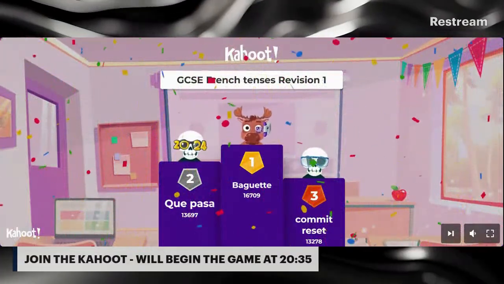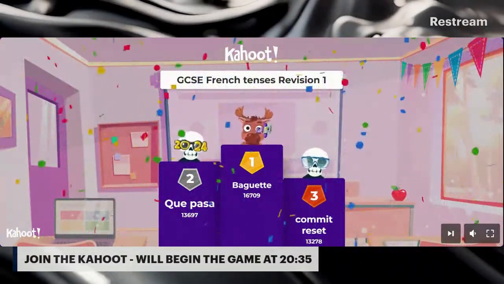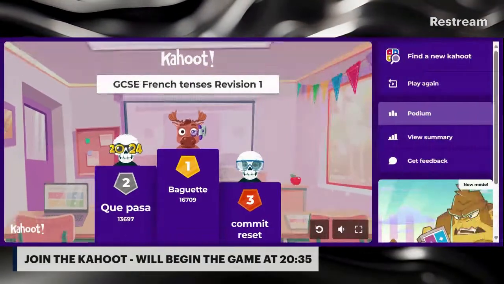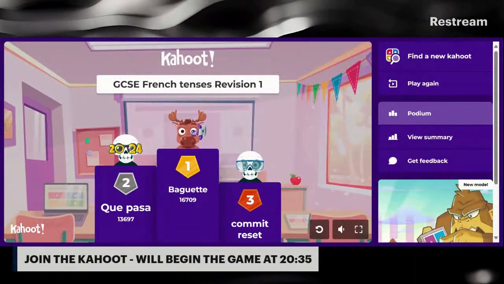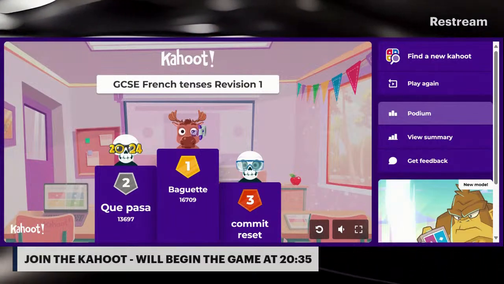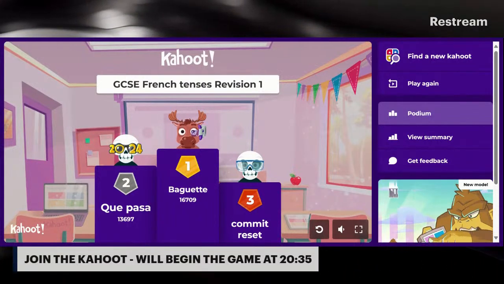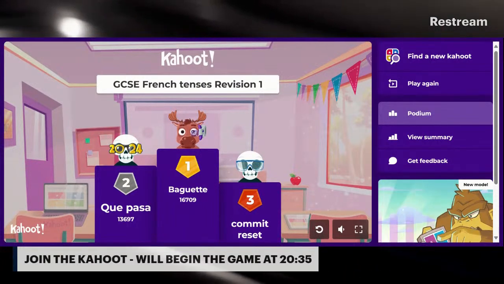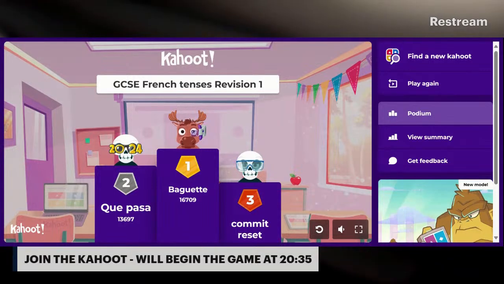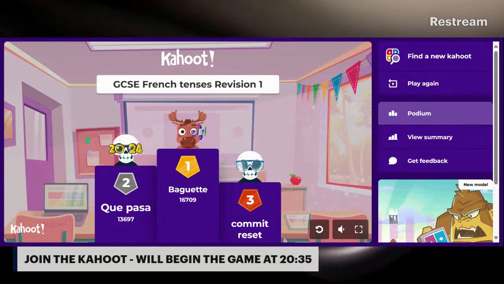Let's now move on to the next Kahoot. So let's see, maybe the people who didn't get a chance to play can play now. This Kahoot will be more based on vocab now. And this is actually quite difficult, so this is for higher.